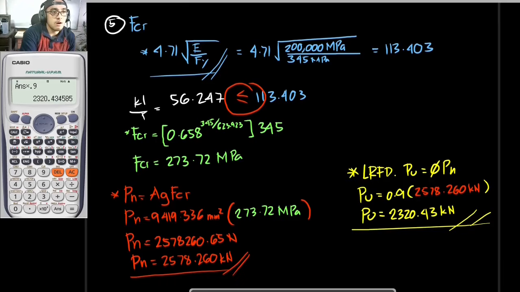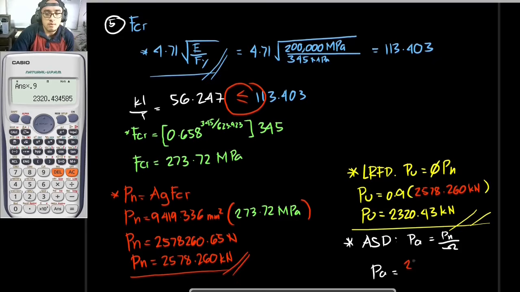And as for our allowable strength, balik tayo ng white. For our ASD, our allowable strength is equal to PN over omega. From that, PA is equal to our PN, 2578.260 kilonewtons, divided by 1.67.